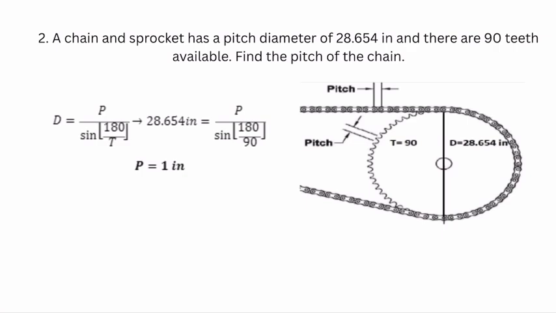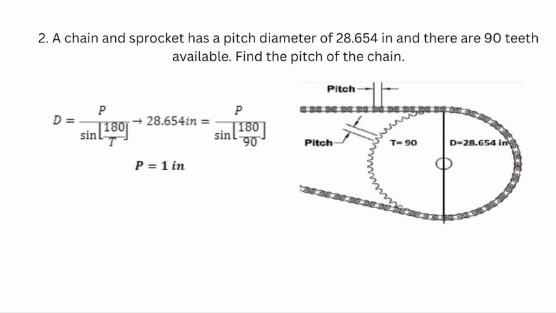For number 2, a chain and sprocket has a pitch diameter of 28.654 inches and there are 90 teeth available. Find the pitch of the chain. Using the formula, the pitch diameter is equal to pitch of the chain over sine of 180 over the number of teeth.